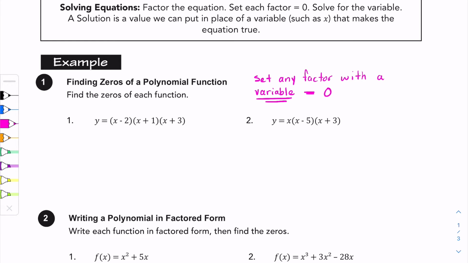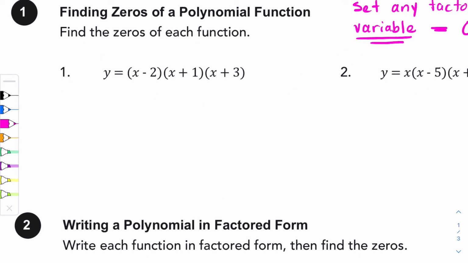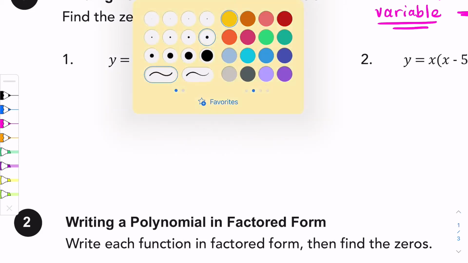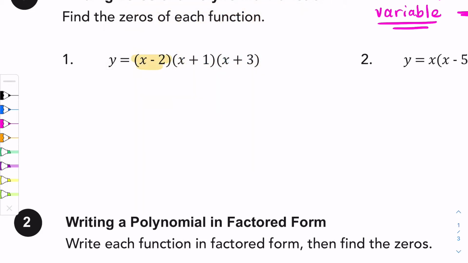If we look at number 1, we have y equals x minus 2 times x plus 1 times x plus 3. We're going to start by setting x minus 2 equal to 0. If we set x minus 2 equal to 0 and solve, we have x equals 2. There's one of your solutions.